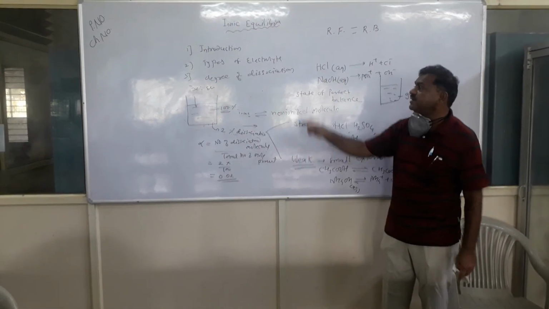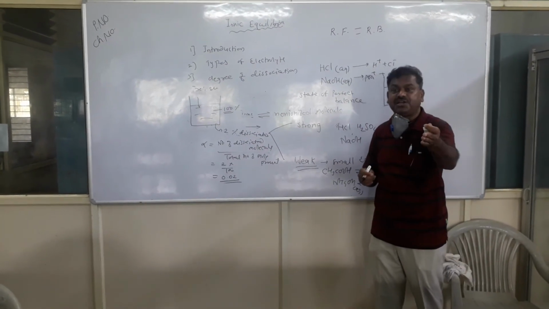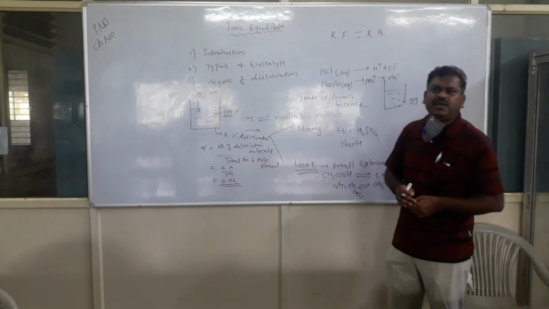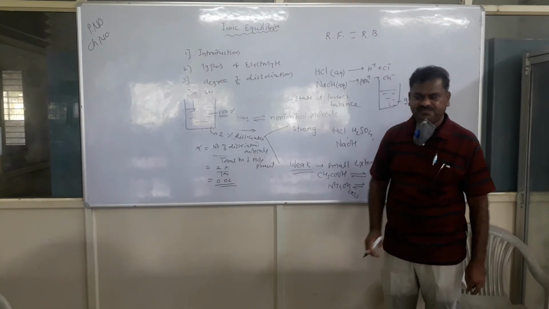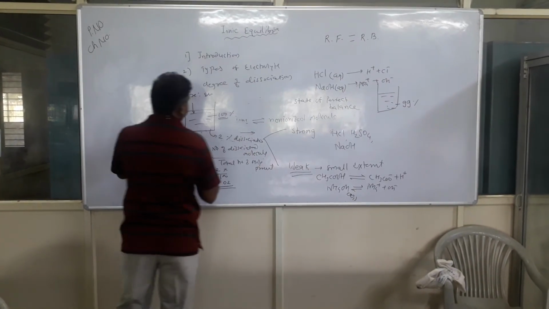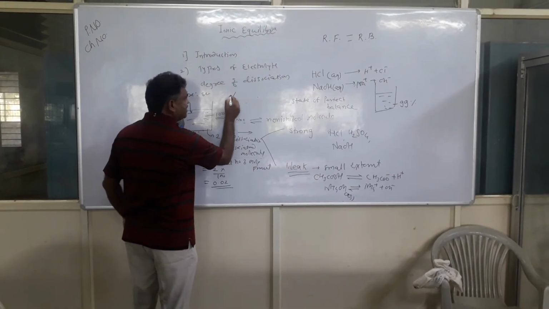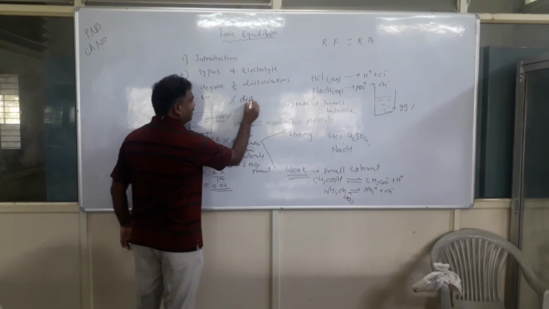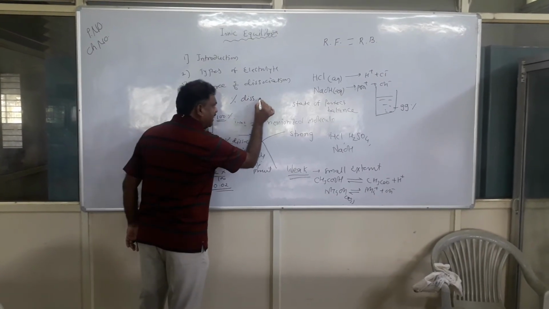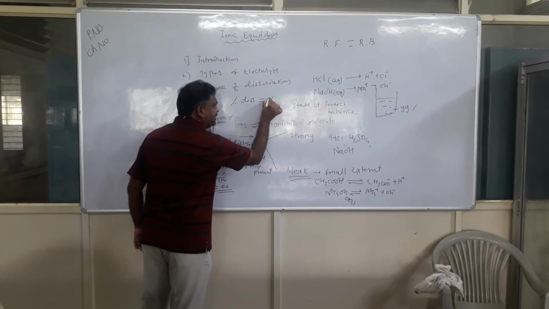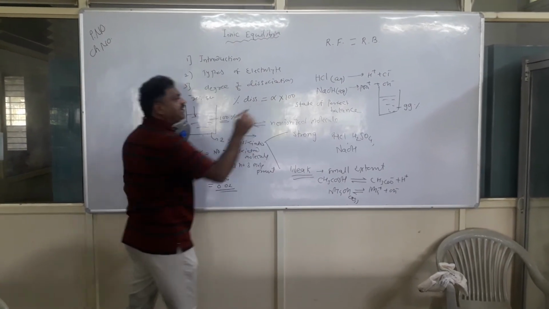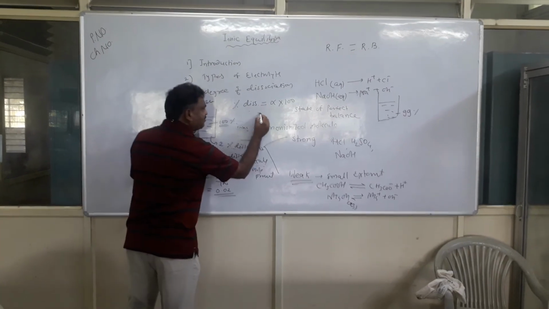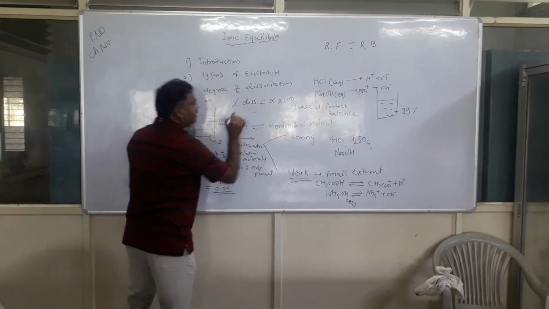Another one, if you calculate the percentage dissociation or ionization, it is alpha, the degree of dissociation, multiplied by 100.